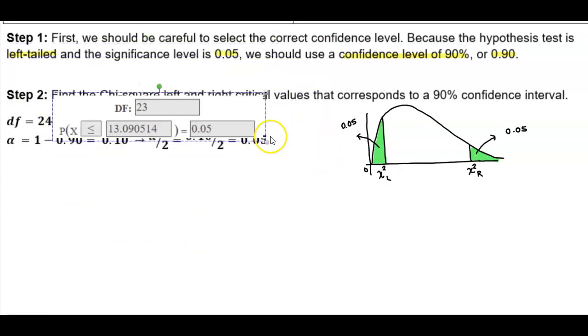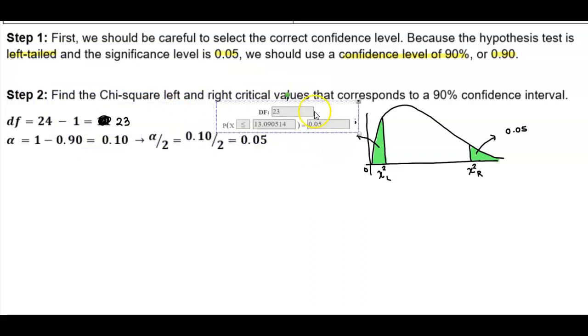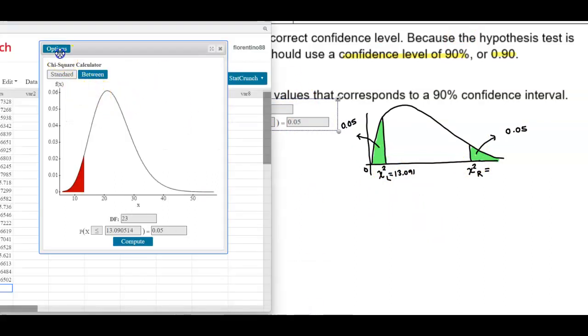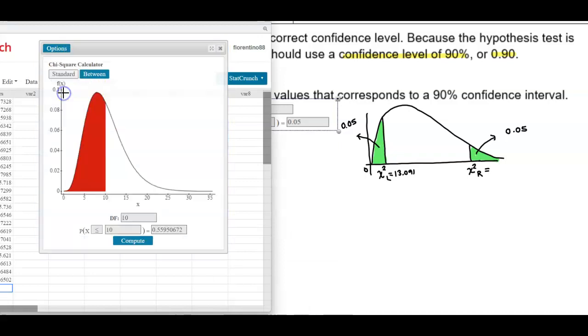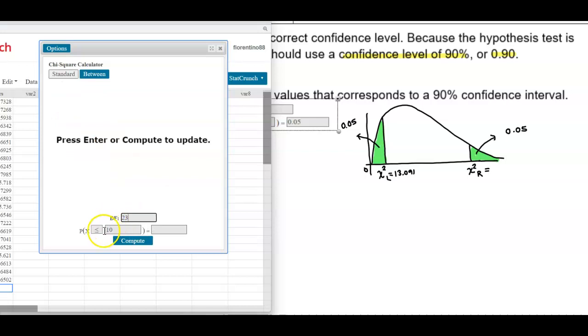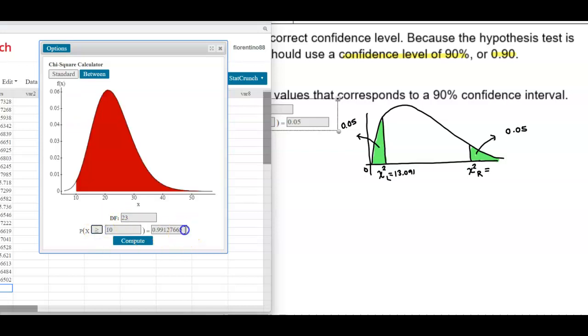Okay, so that critical value is equal to 13.091. Now we want to find the critical value on the right. To do that, we're going to come up here to select options and then select refresh. Again, put in our degrees of freedom of 23. We want to change this to be greater than or equal to, and then put in the area of 0.05.